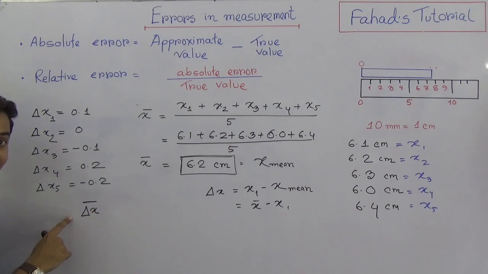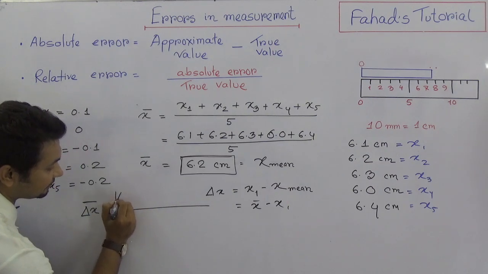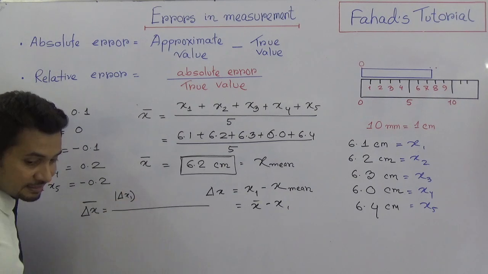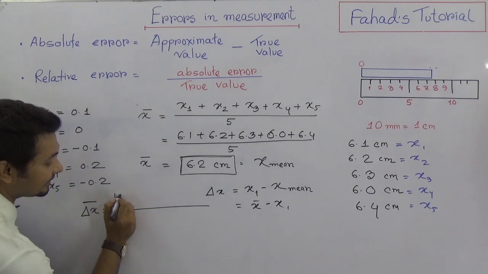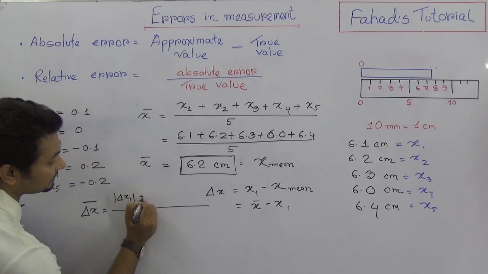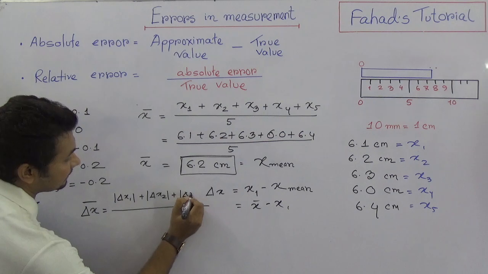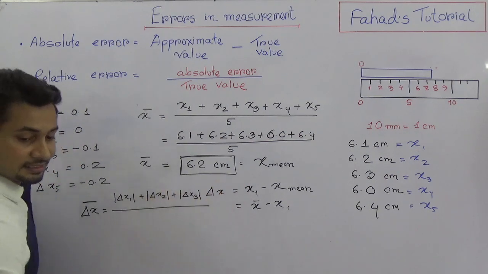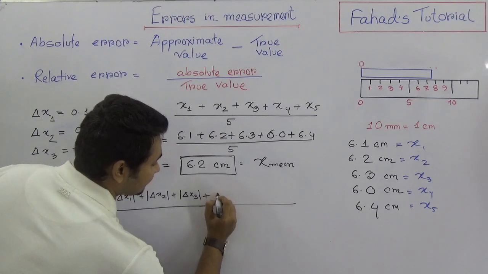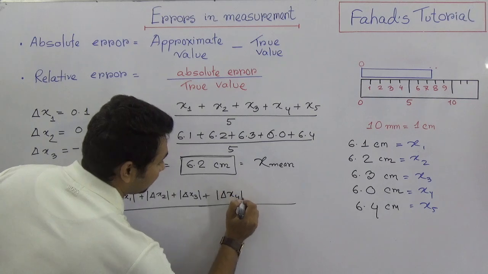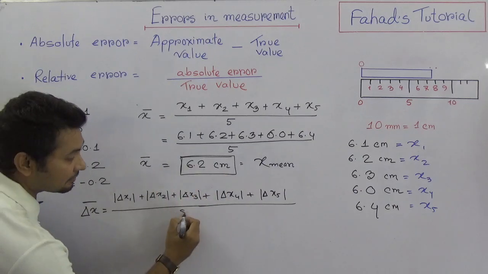So I take the positive del x1, because we should not take the negative values, del x1 plus del x2 plus del x3 plus del x4 plus del x5, divided by the number of observations.